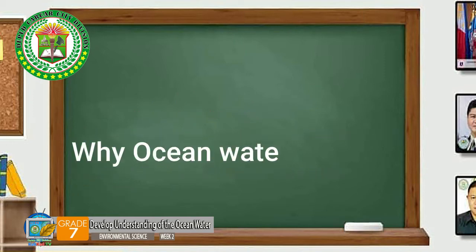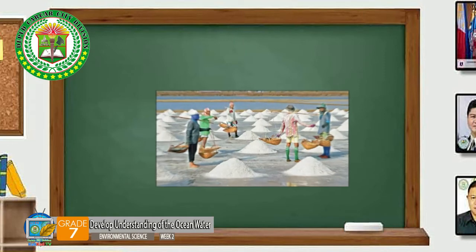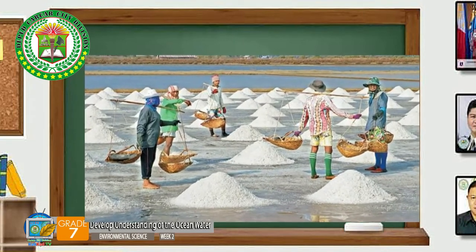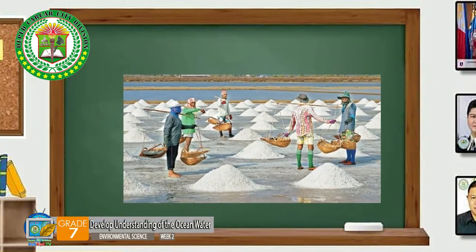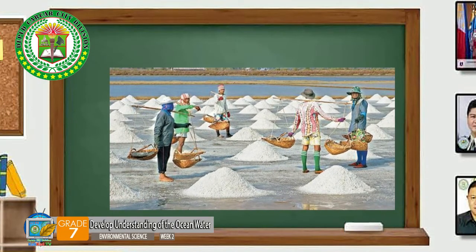Everyone knows that ocean water tastes salty. Why is ocean water salty? Because water has often been referred to as the universal solvent. Many things like salts, sugars, acids, bases, and other organic molecules can be dissolved in water.